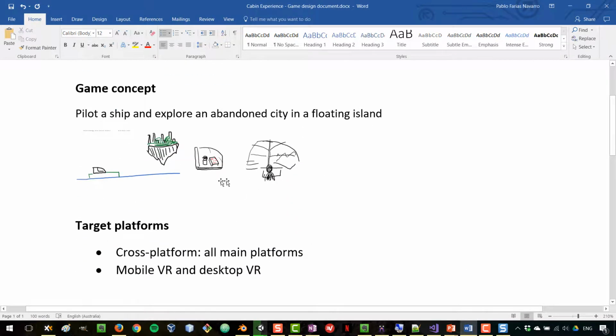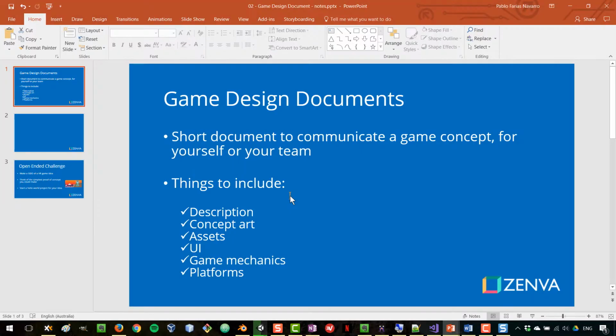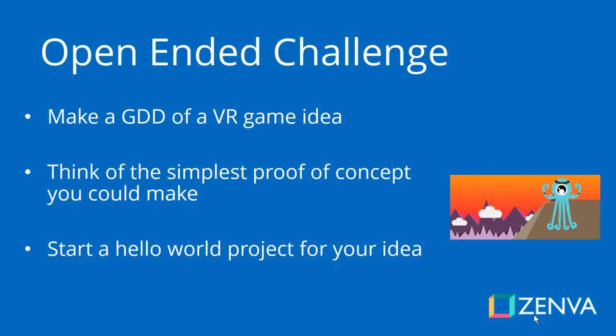And now I've got a bit of a challenge for you, and you might have seen this before in other courses. I would like you to try to create a simple game design document of a VR game idea that you might have. And if you don't have an idea, that's fine. It can be a game that you like, or it doesn't have to be a game. It can be any type of application.